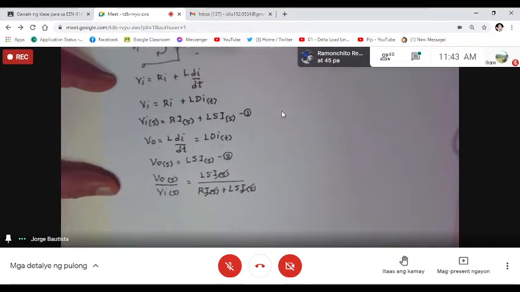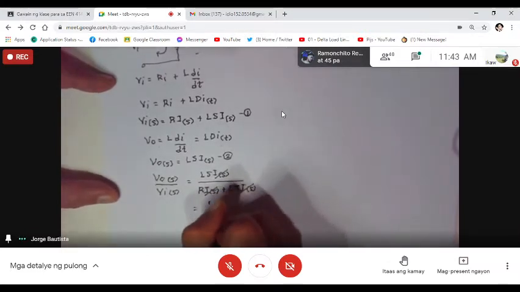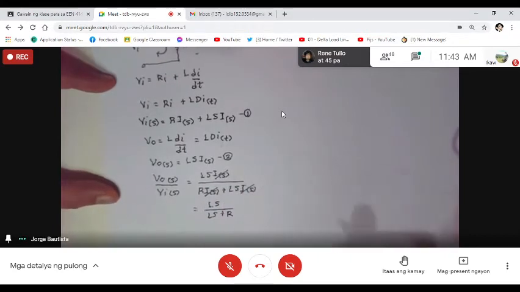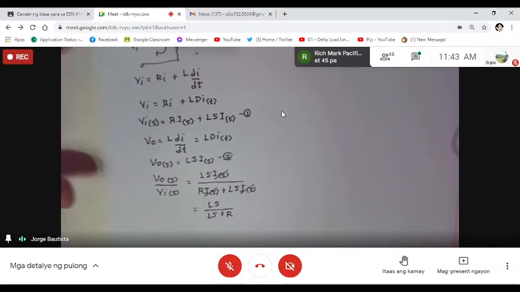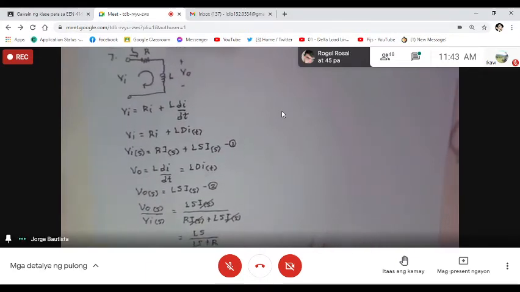Common yan. Okay? So therefore, that is L S over L S plus R. That is the transfer function. So, kung may given na value ang L at saka R, ilagay mo dito, di ba? Ilagay mo. So that is the transfer function. Number 7.